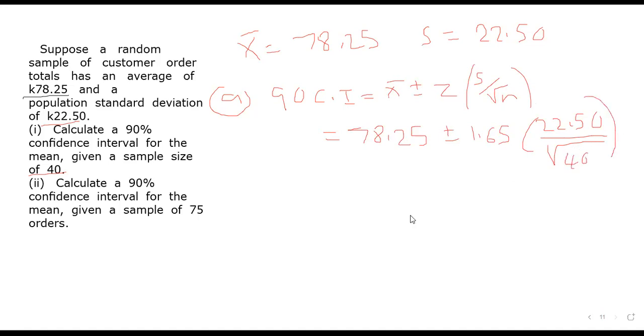The same will be done for the second one, except that here the sample size will change to 75. So what the examiner wants to test you on is understanding the difference between the two: the confidence interval that has a bigger margin in terms of accuracy, and the one that has a smaller margin. So you need to comment in terms of that.